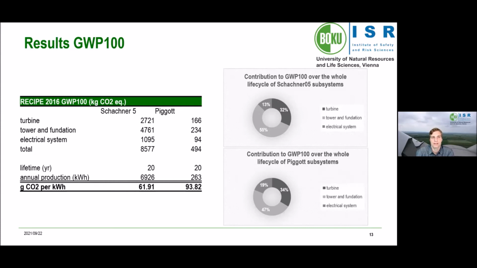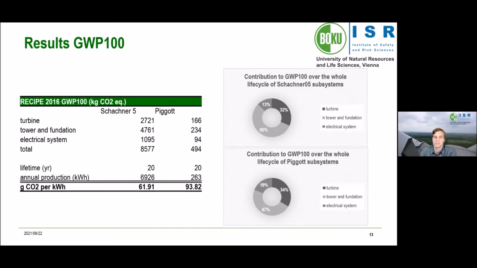And the first thing that surprised us is that the global warming potential of the Piggott turbine is actually 50% higher than that of the Schaffner turbine.